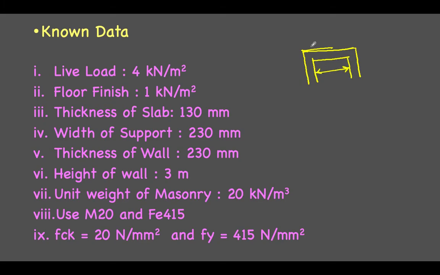How to calculate this clear span? We are given this center to center distance as 4 meter and the width of support as 230. So from this 4 meter we have to deduct 230 by 2 from this side and 230 by 2 from this side.